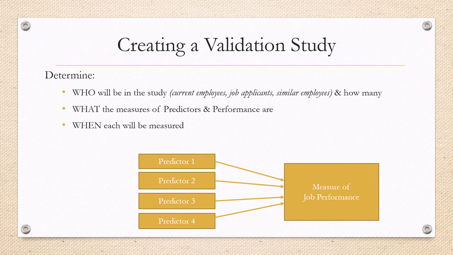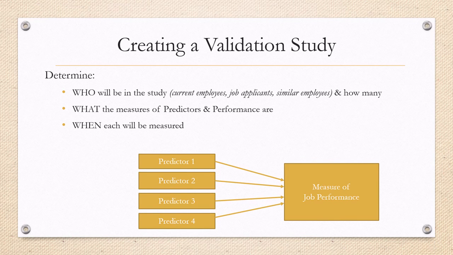So in creating a validation study, we need to determine a number of things. Who will be in the study? Will this be current employees, job applicants, similar employees, maybe in another corporation? Will it be people in the same type of industry or somewhere else? And how many people will we use for the study?